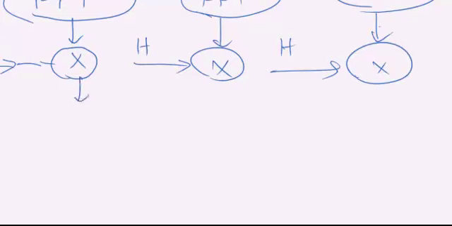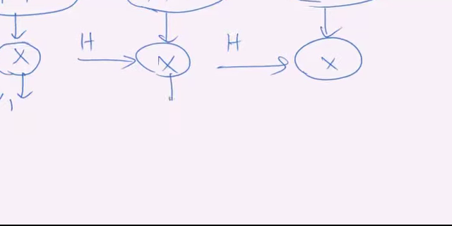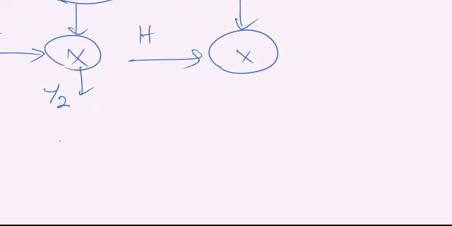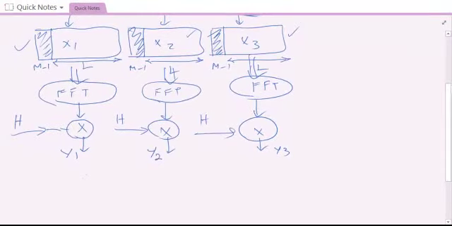So here we have the sequence y1 which is related to the first block. Here we have the sequence y2 in frequency domain, of course, which is related to this block, and then we have y3 which is the output sequence in frequency domain for the x3 block. Now you need to take the inverse Fourier transform.